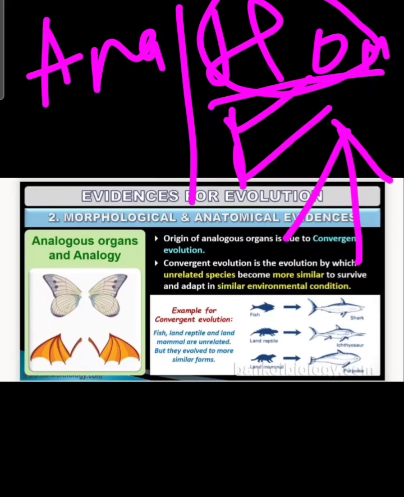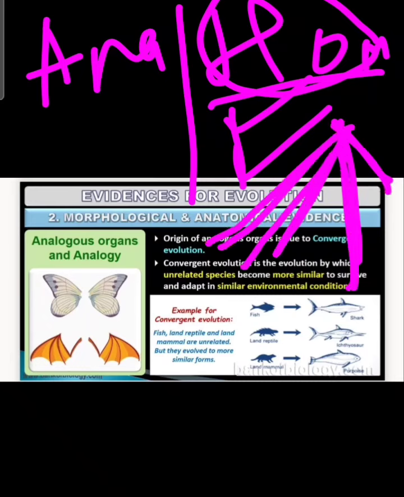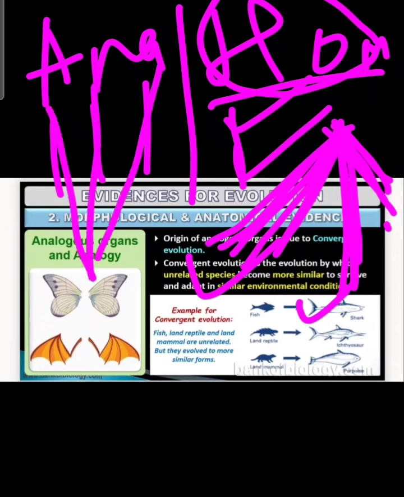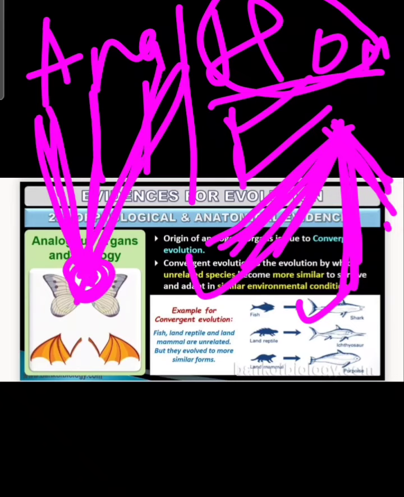Due to function and adaptability, the evolution is divergent. Analogous organs have different structures, but they have the same function.